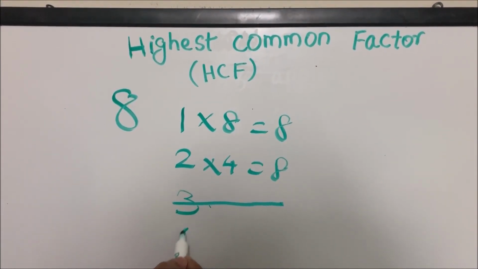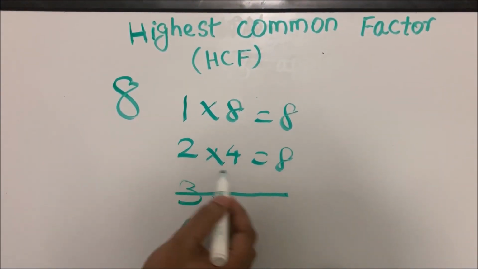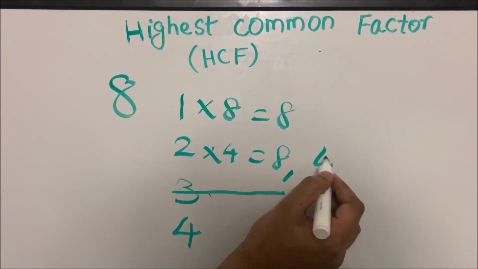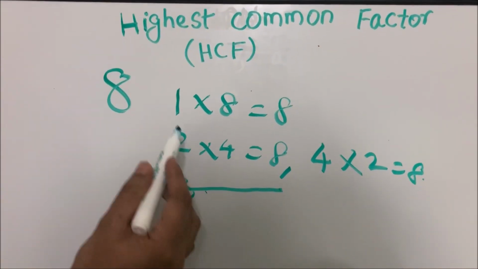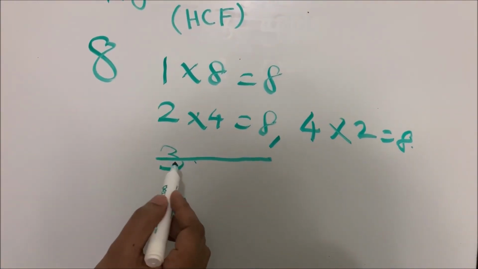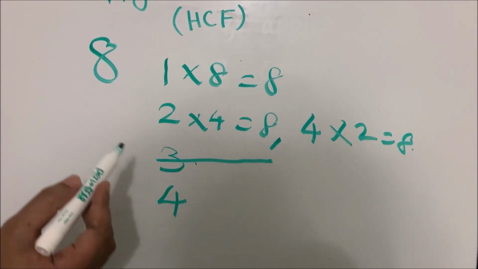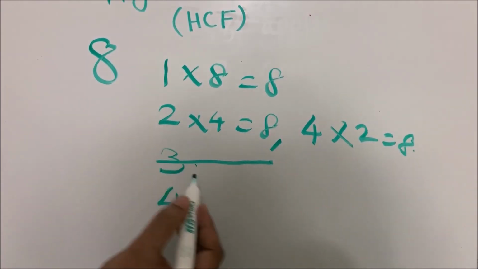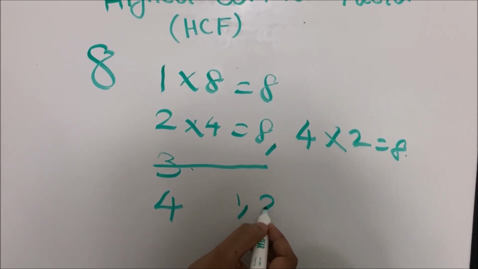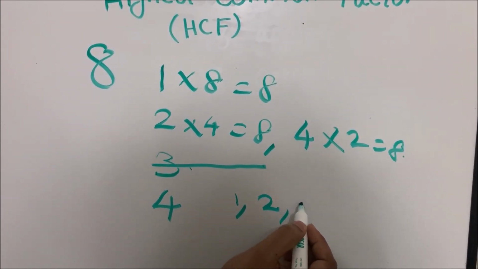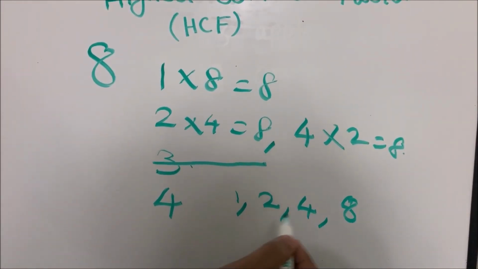And then next number is 4. We already have 4, 2 by 4, that is 4 by 2, which gives 8. And we don't have any other number after that to give the factor of 8. So the factors of 8 are 1, 2, 4 and the number 8 itself.